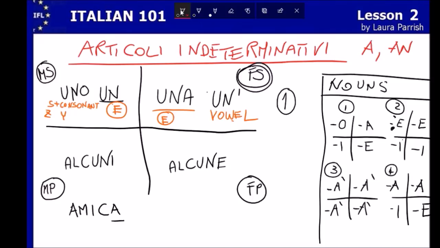Is amica starting with a vowel? Yes, so this is the right one. Un apostrophe amica. Notice that the apostrophe is only in front of a feminine word. It's only here, the apostrophe. This one doesn't have the apostrophe. It's a very silly rule, but in Italian, with the indeterminative articles, you get the apostrophe only when it's feminine, never when it's masculine.